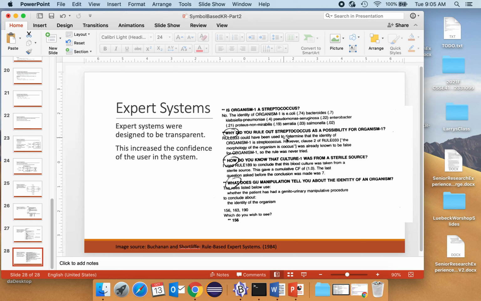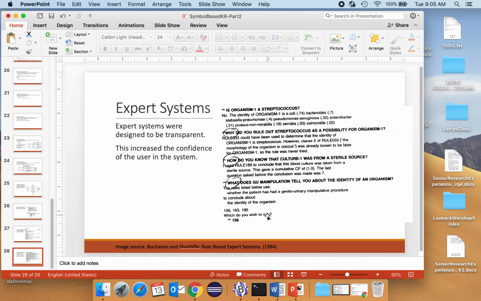So they say Rule 33 could have been used to determine the identity. However, Rule 2, Clause 2, was already known to be false, so it was never tried. So that's pretty cool. They use the expertise in the rules to explain to the user that yes, we could have done that, or no, we couldn't have done that. How do you know? So we have why, how, and what, right? Here, how, talks a little bit about the certainty factors, and what.